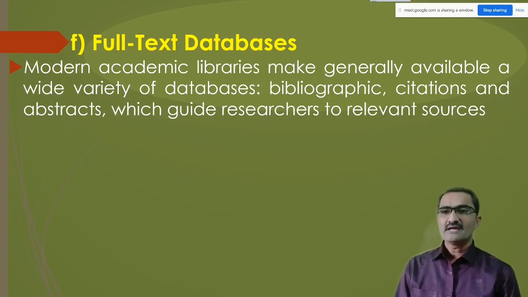Modern academic libraries generally make available a wide variety of databases, like bibliographic databases, citation indexes or citation databases, and abstracts which guide researchers to relevant sources. If you remember, in the last lecture we discussed various kinds of bibliographies, citations, and abstract indexing also.